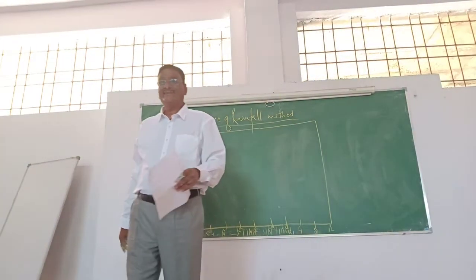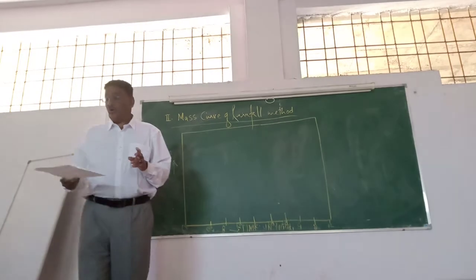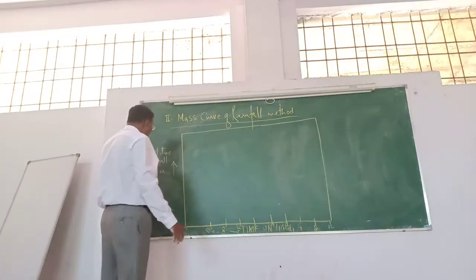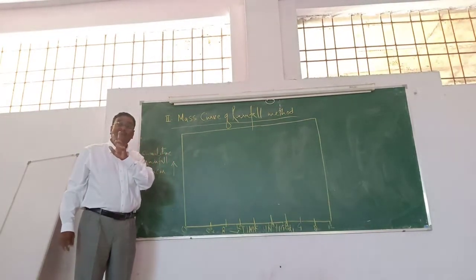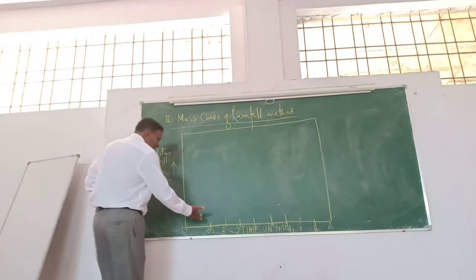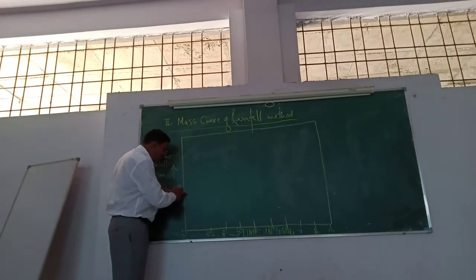Now, a small change will be there in the y-axis. The y-axis will give you cumulative rainfall in centimeters, not the rate of rainfall or the intensity of rainfall. If you ask me, in the first 4 hours the rainfall that occurred was 2 centimeters.